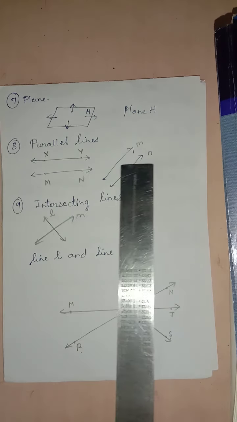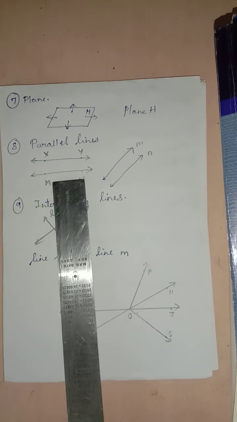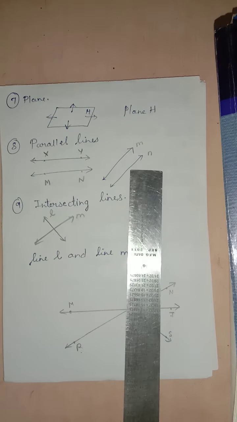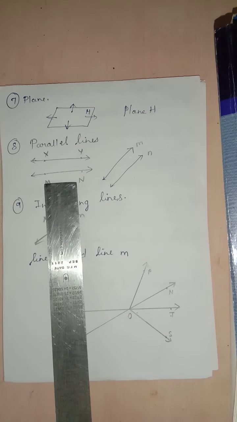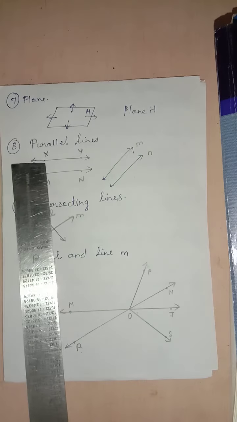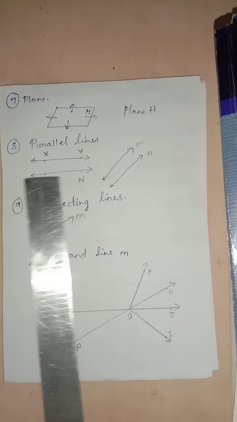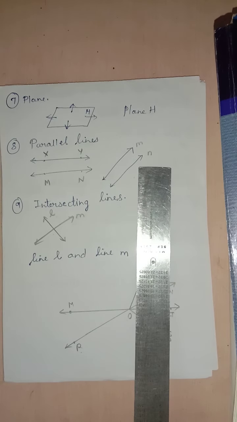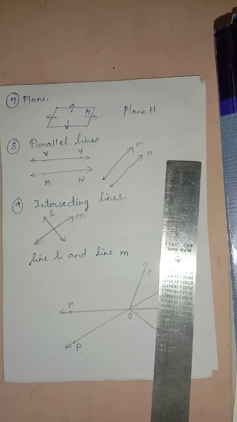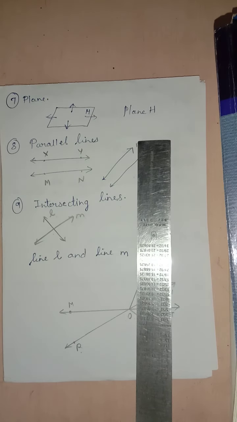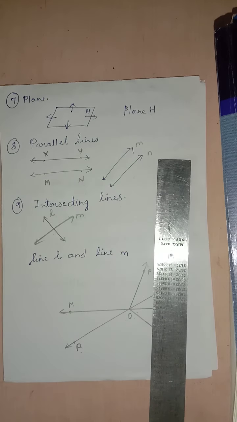Even these are parallel lines. These have names with 2 letters and these with 1 letter. If 2 letters, then they should be capital. It is read as line XY and line MN are parallel to each other. And here we can read it as line m and line n are parallel to each other, or we can say line m parallel to line n.